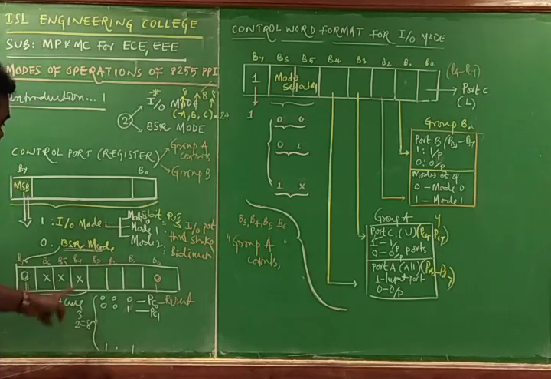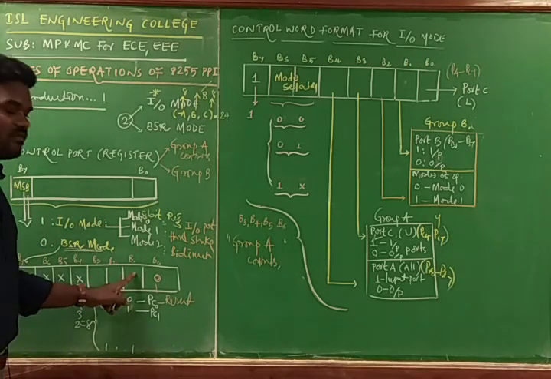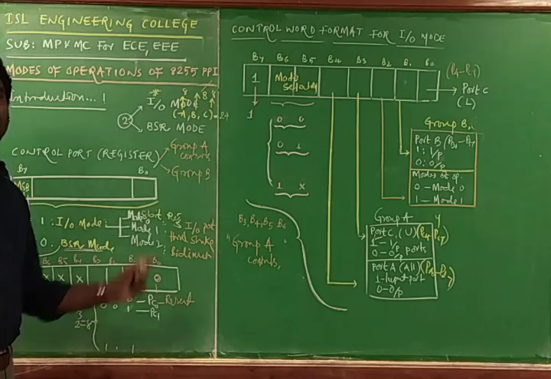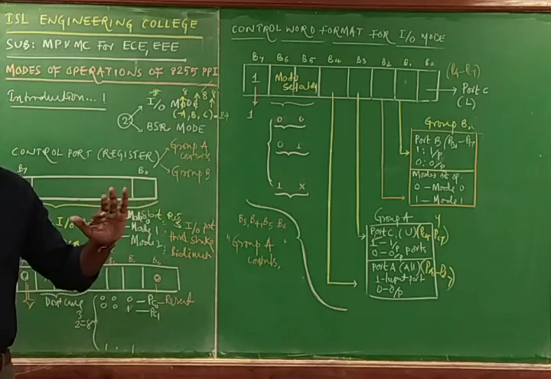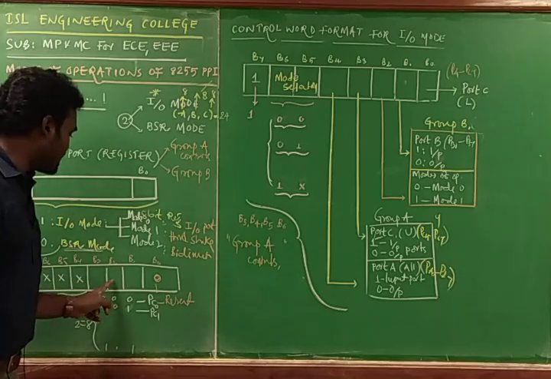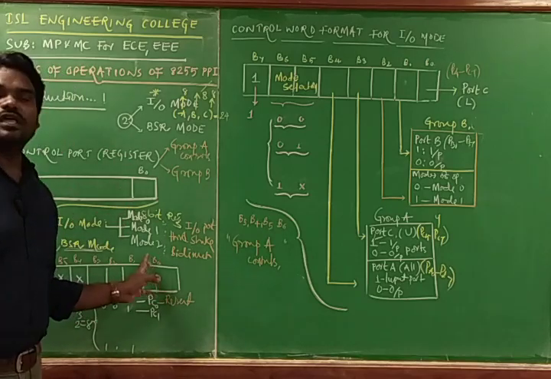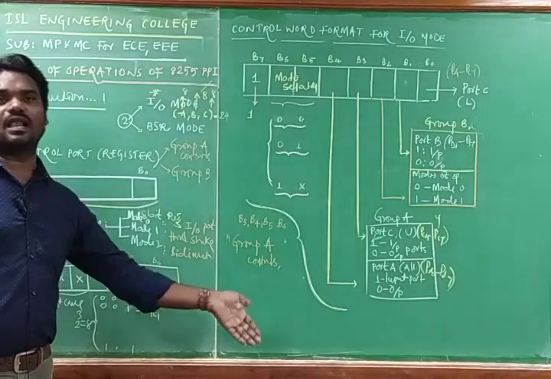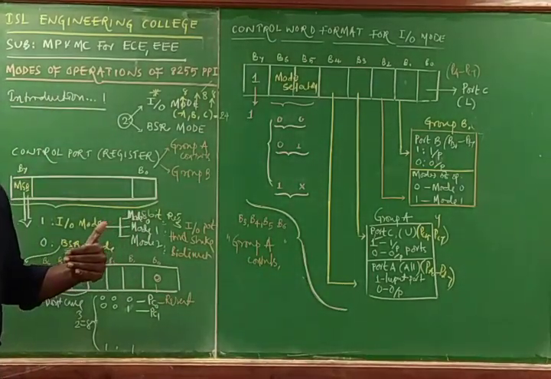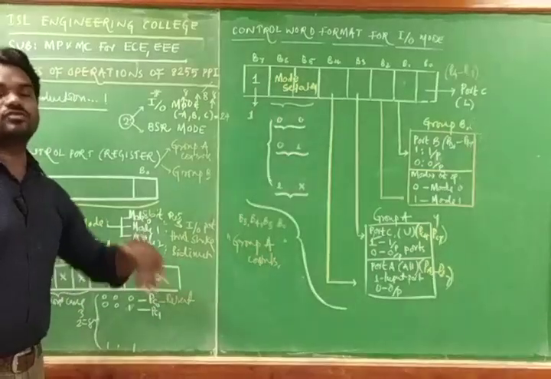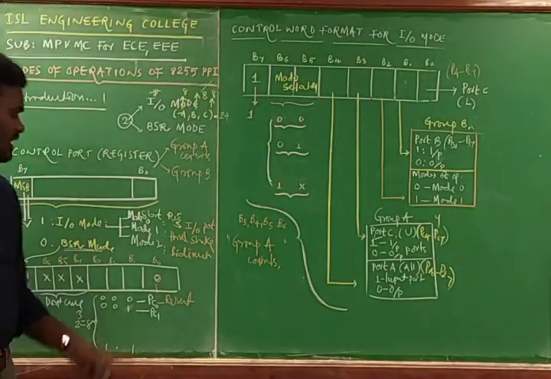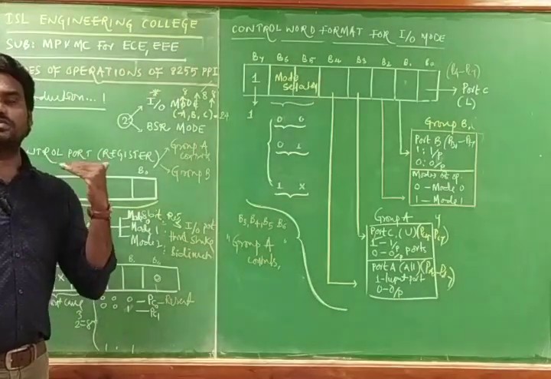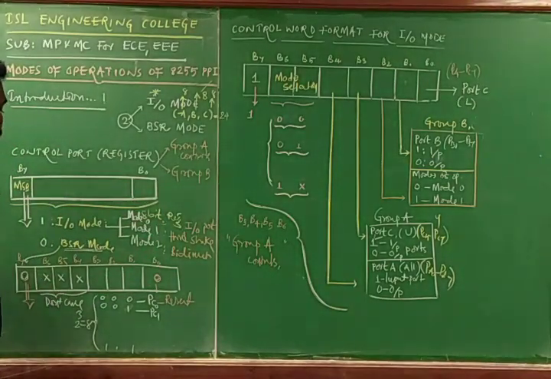The next 3 bits, B3, B2, B1, identify one particular signal from PC0 to PC7, and B0 either sets or resets that signal. If it is 0, it resets the selected signal; if it is 1, it sets the signal.